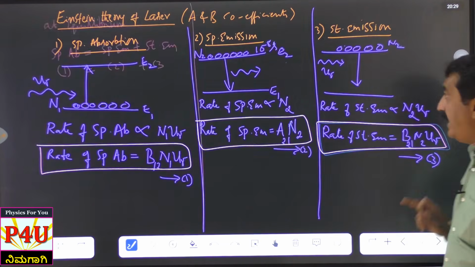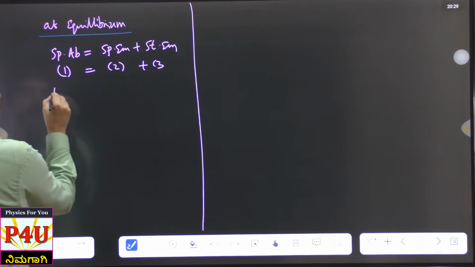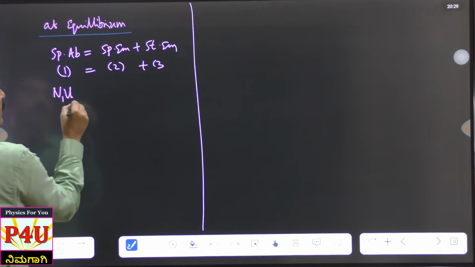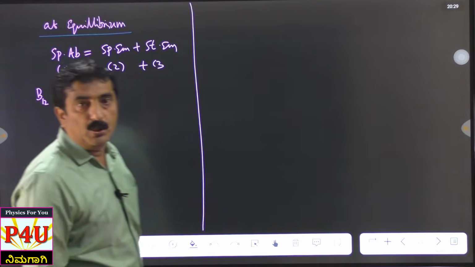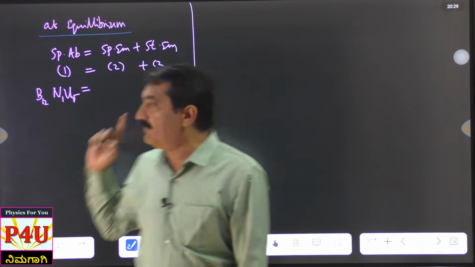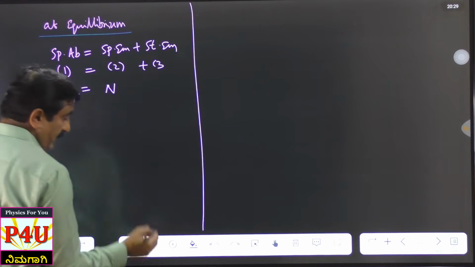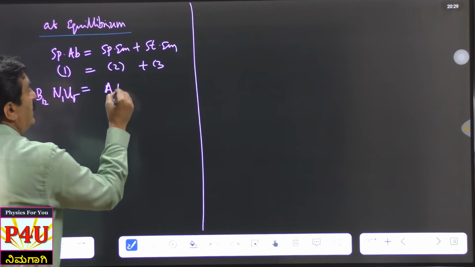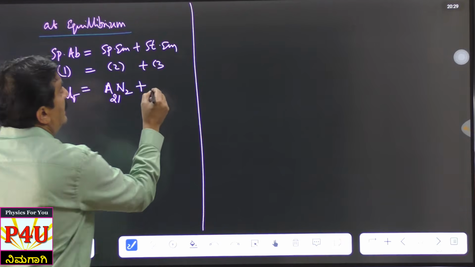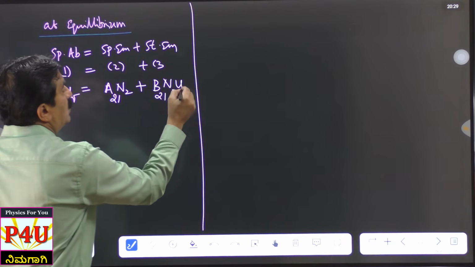Okay, so now I write equation 1: n1 u gamma, of course there is a constant B12, is equal to, for equation 2, the constant A21 n2, plus B21 n2 u gamma.